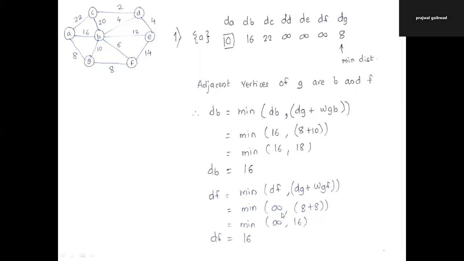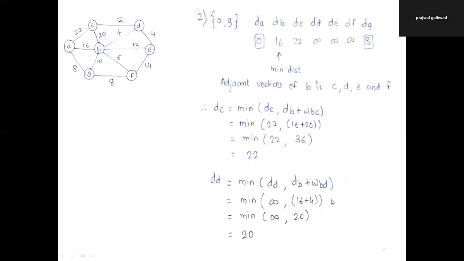So the minimum will be 16. So A to F again will be 8 plus 8, that is 16. That means we have calculated the next node in the graph. So dB is 16, dF is 16.